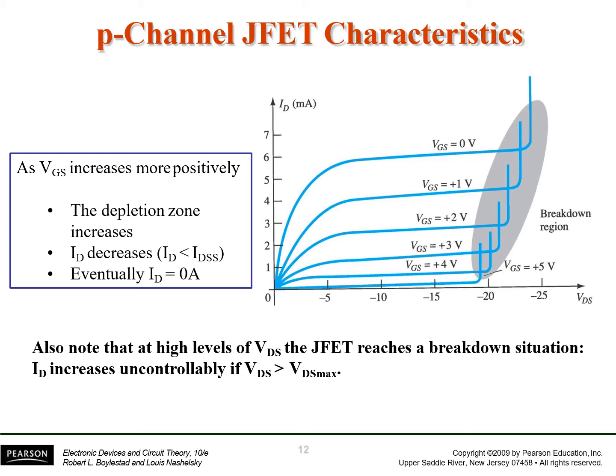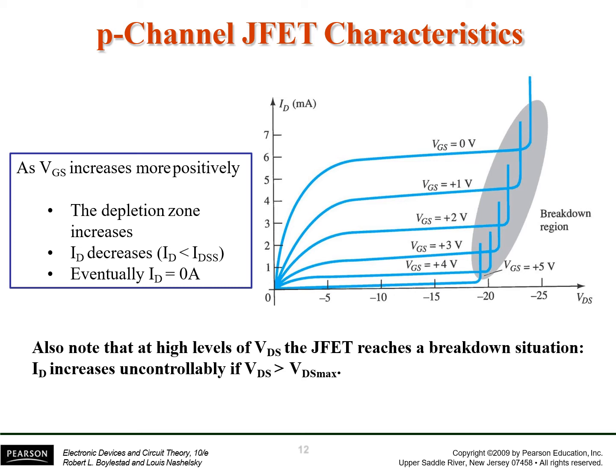And actually what is happening over here is that as VGS is increasing to a more positive value from 0 to 1 and 1 to 2, 2 to 3, 3 to 4 and 4 to 5, the depletion zone increases and ID decreases.